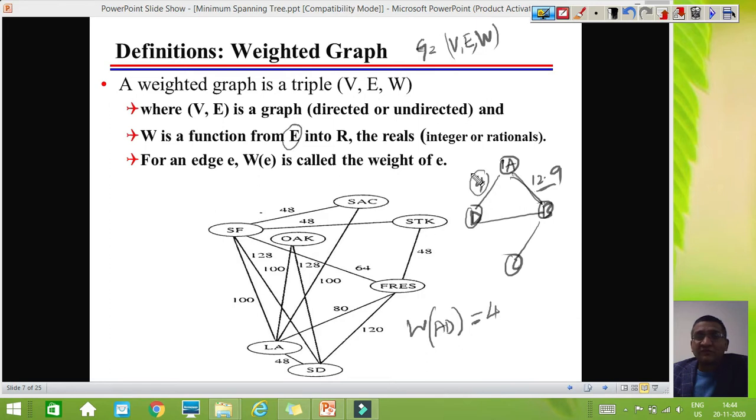So that weight refers to a cost that is associated with any edge. So for an edge E, W(E) is called the weight of E. So if I say DB and here the weight is assigned 9, then W(DB) means 9. This is how we represent any graph.